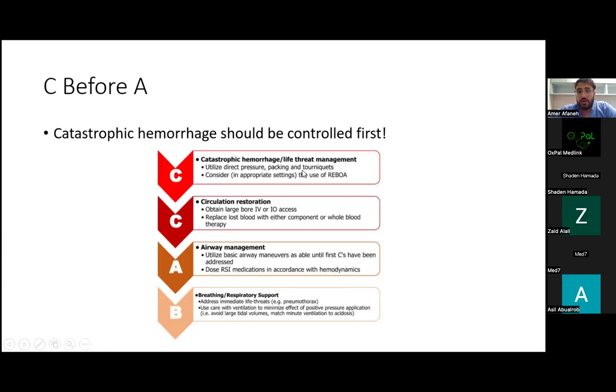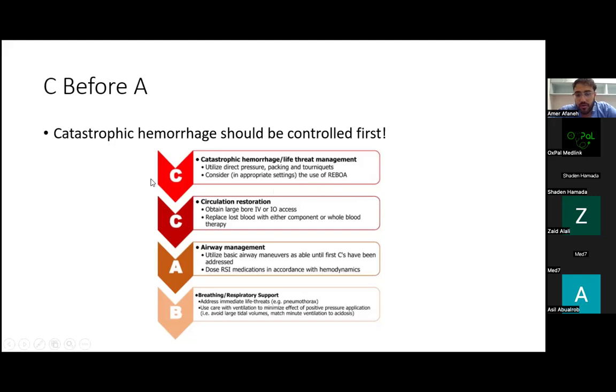Also, if you're paying attention to the airway and the breathing, but in the meantime they're bleeding out and you have no IV access, this is going to be a problem, because if you can't give them blood quickly, you're not going to be able to resuscitate that patient. So keep this concept in mind in cases of catastrophic hemorrhage.